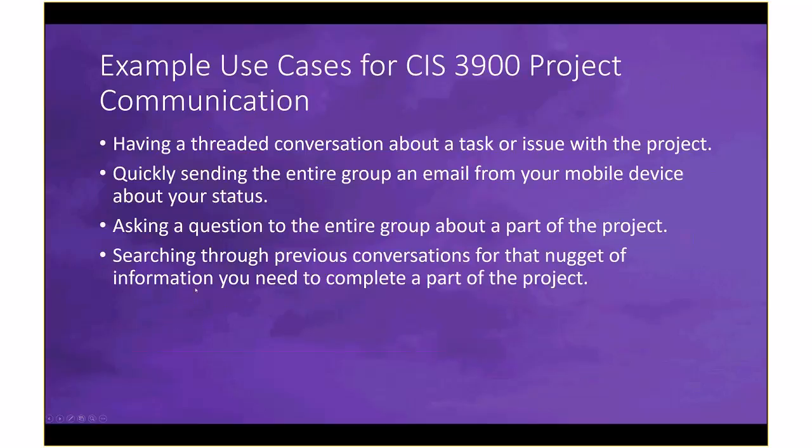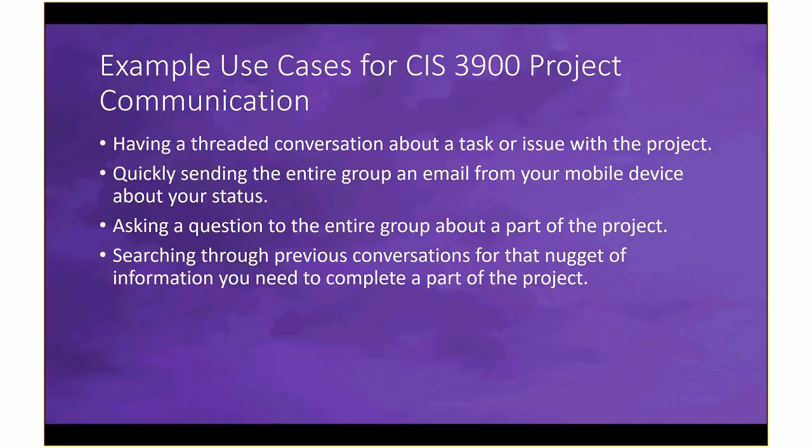So these are just some use cases that my team for the CIS 3900 project used. It's just some examples to get you thinking about how to use these conversations. So one, we had a number of threaded conversations about specific tasks or issues with the project.